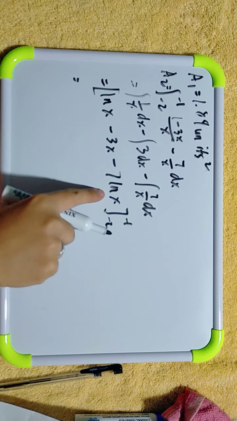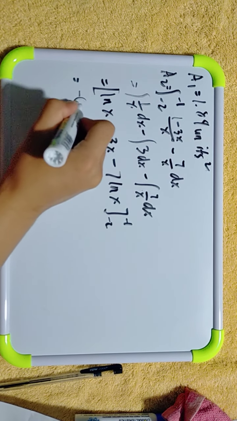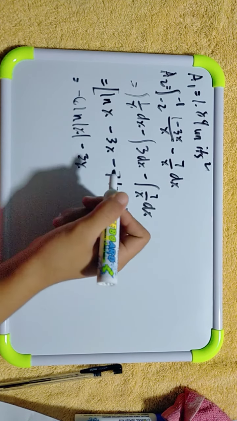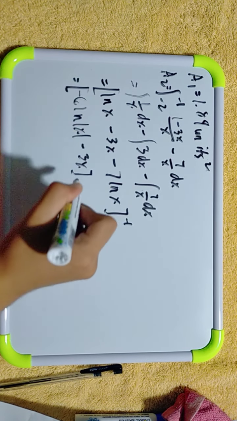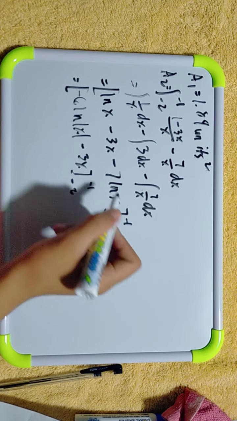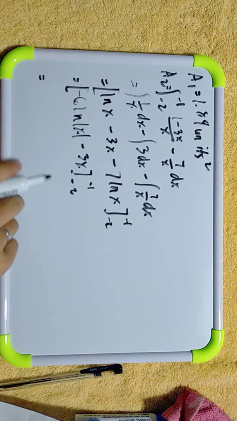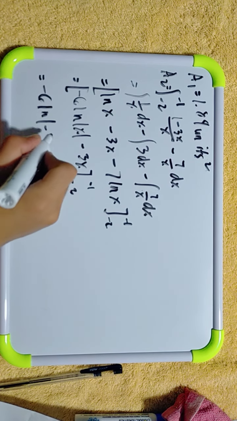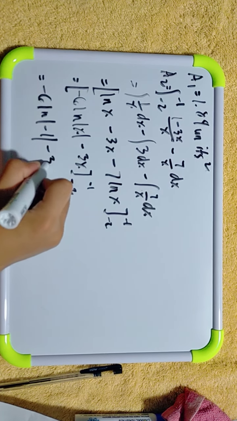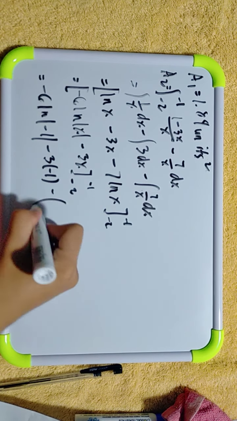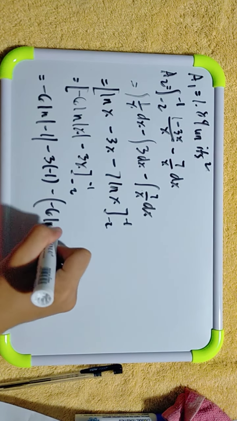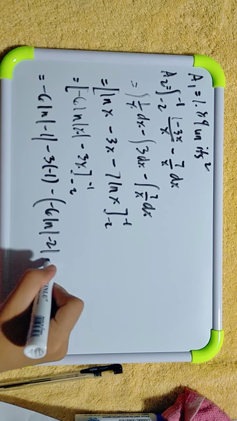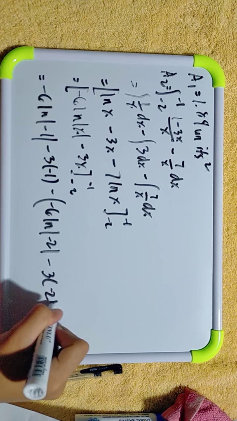Then, after that, pwede pa natin i-simplify. So, magiging negative 6 ln x minus 3x. And then, substitute natin yung ating limits na negative 2 to negative 1. So, magiging negative 6 ln absolute value of negative 1 minus 3 times negative 1 minus negative 6 ln the absolute value of negative 2 minus 3 times negative 2.